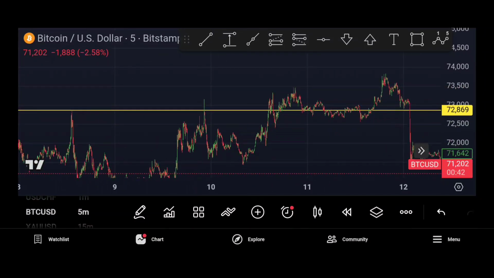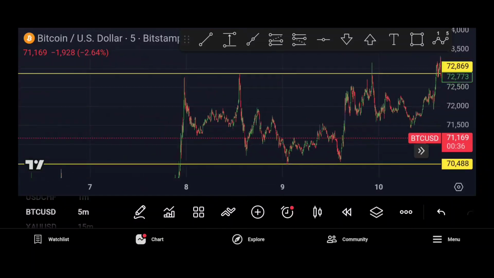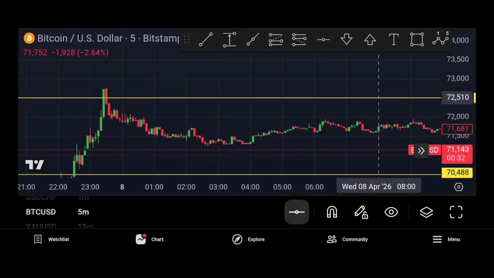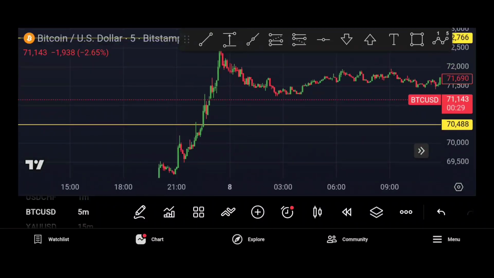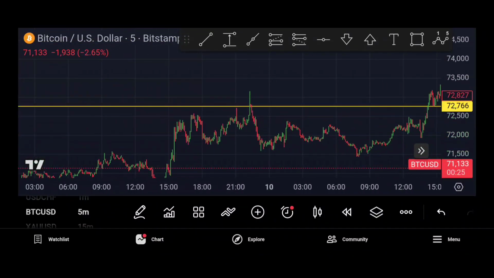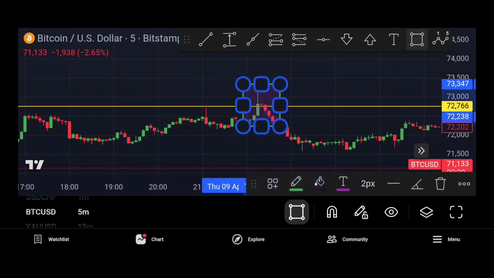Then we need to see that the market closes above the high. We need to see the market closing above it. And where does the market close above? Here it is. As you can see, this candle here closes above.